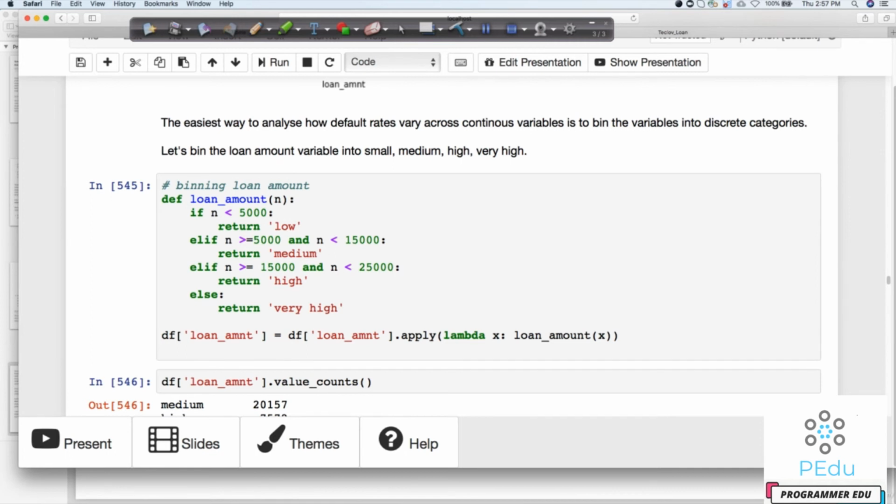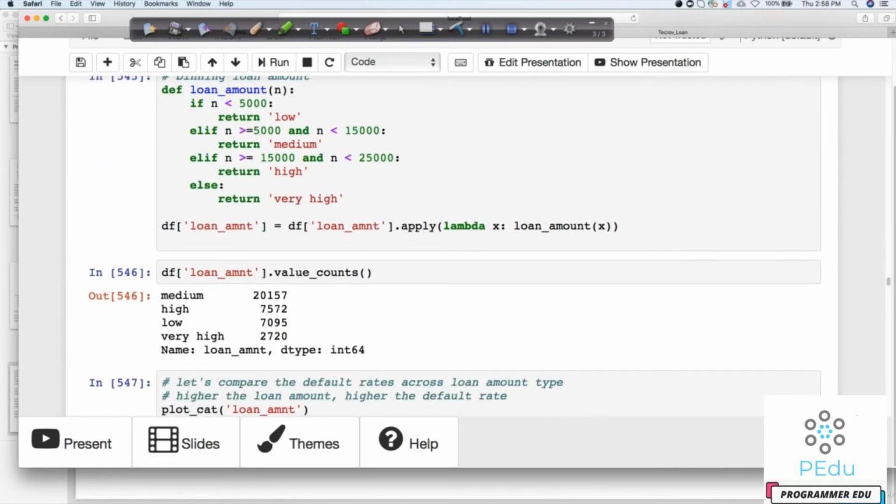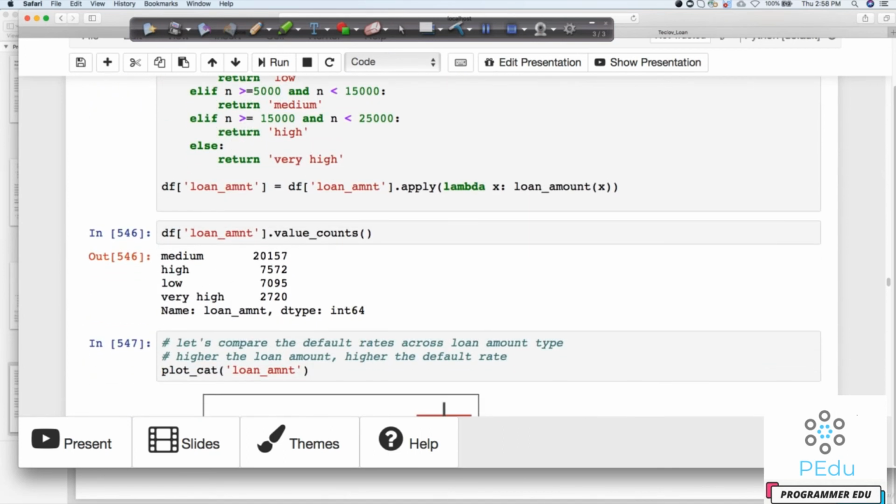Anything between 15,000 and 25,000, let's mark it as high. Else if it is higher, let's mark it as very high. Now, loan amount, we got it from here, and once we pass it inside this function, we can do some value counts, and then we can also do a plot, just like we did for categorical variables.